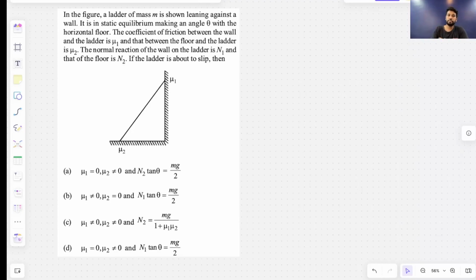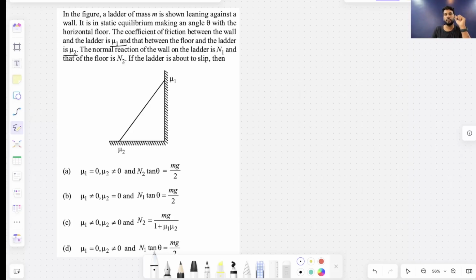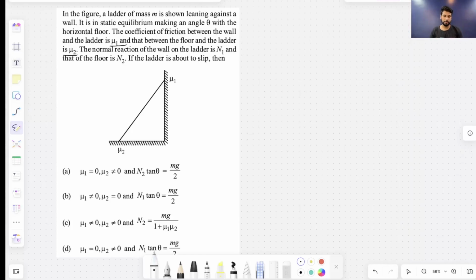The coefficient of friction between the wall and the ladder is mu1. I hope you are able to see all those values, mu1. And the coefficient of friction between the ladder and the floor is mu2. The normal reaction of the wall on the ladder is N1, and of the floor on the ladder is N2, if the ladder is about to slip.